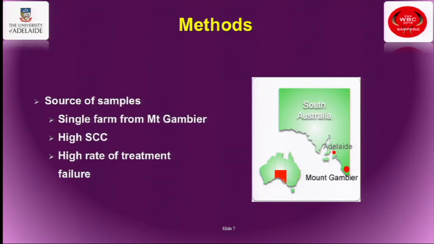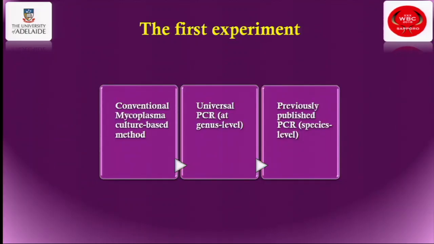In the first experiment, we developed universal primers targeting the 16S ribosomal RNA gene of all possible mastitis-associated Mollicutes at genus level. DNA was extracted directly from milk to save time and money.